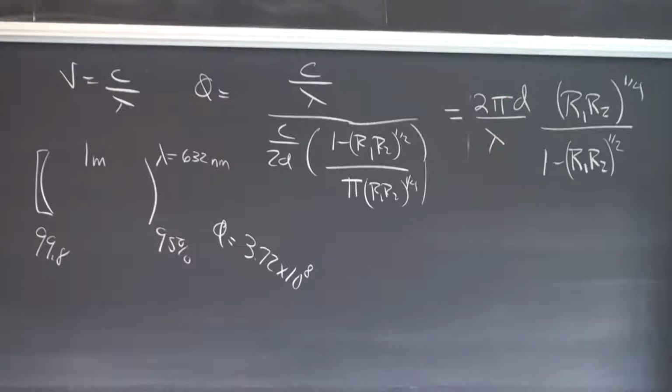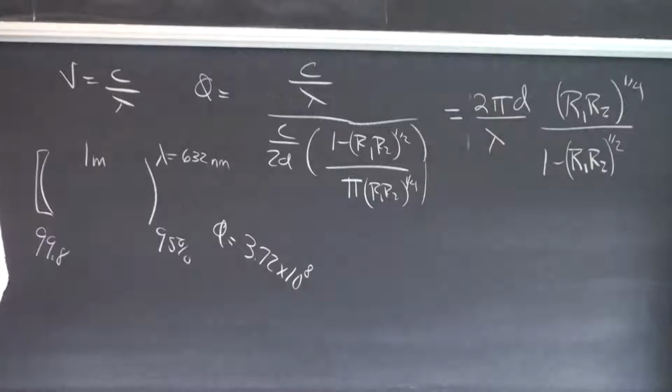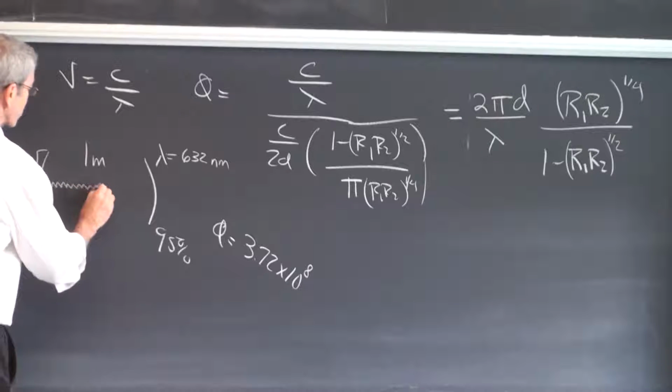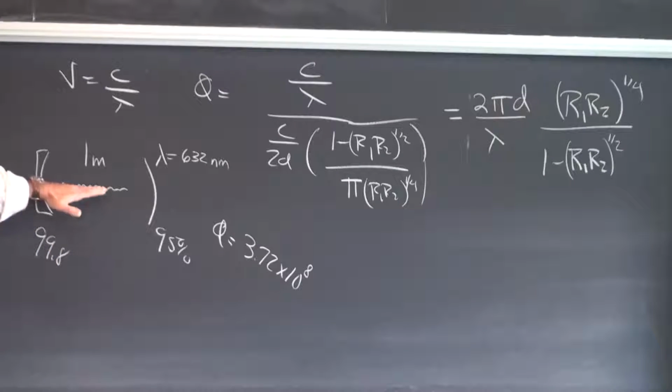One of the neat things about lasers is they have a very high Q in that they're operating at a high frequency, 474 terahertz, and it's got a line width of maybe a few megahertz, so that ratio is dramatic. It's 10 to the 8th. It's a very impressive number. The major reason is because there's a lot of wavelengths stored in here, something on the order of millions of waves.